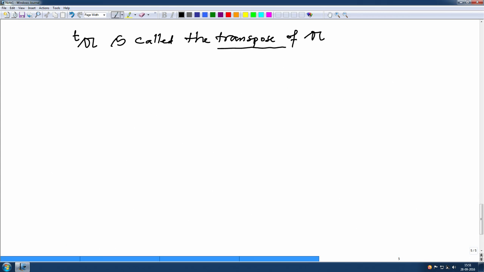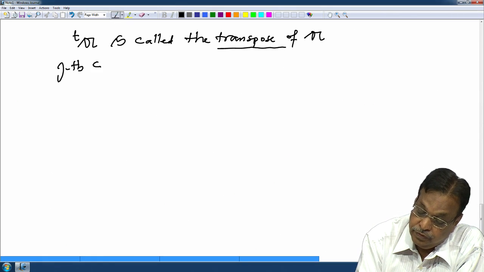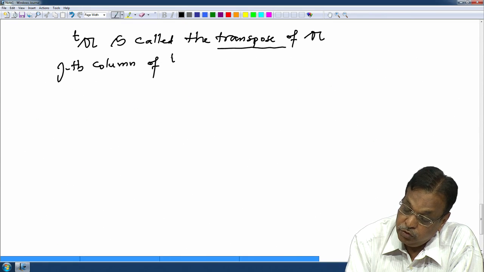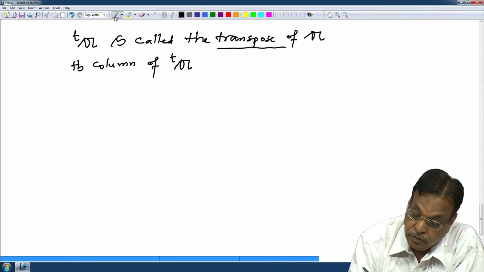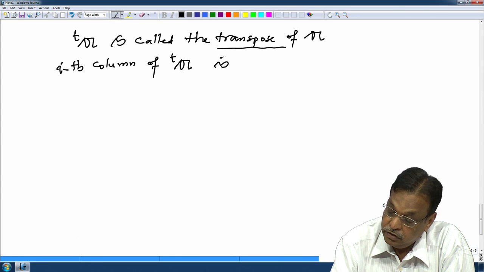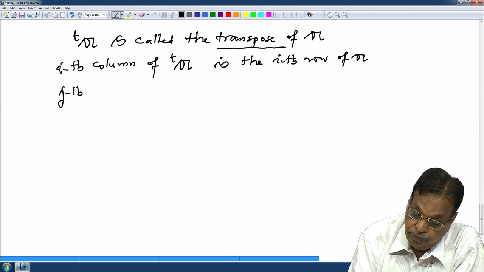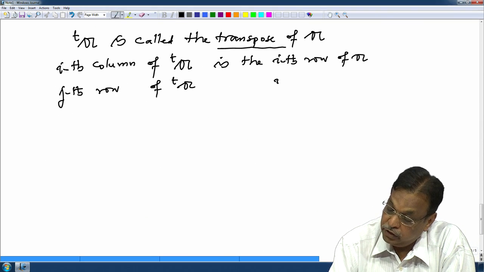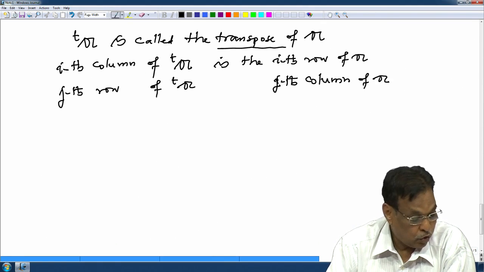Okay. The ith column of the transpose is the ith row of the original matrix, and the jth row of the transpose is the jth column of A. Rows and columns are interchanged.